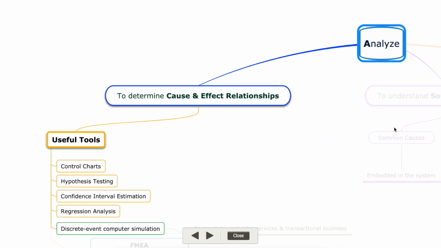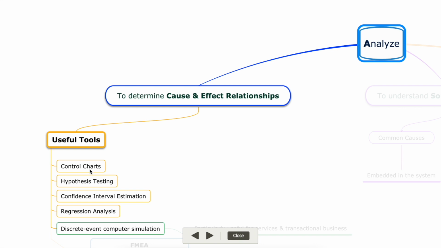In the cause and effect relationships, the tools that are useful are control charts, hypothesis testing, confidence interval estimation, regression analysis, and discrete event computer simulation. These statistical parts we will study in the next lectures.